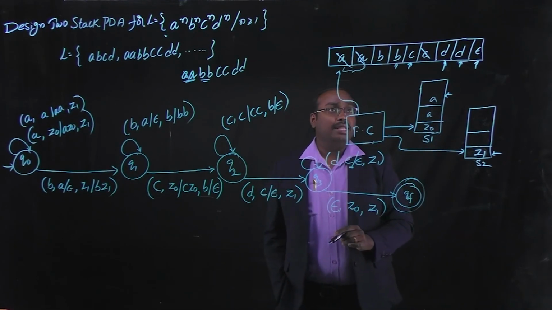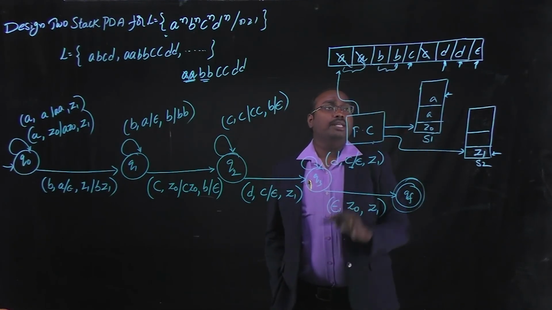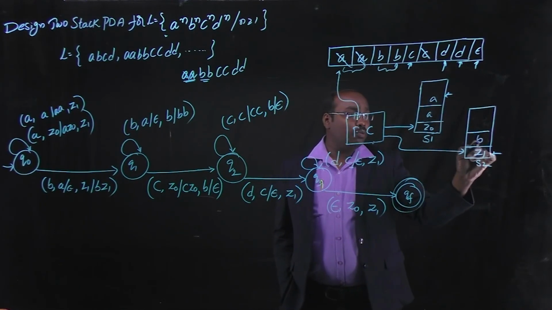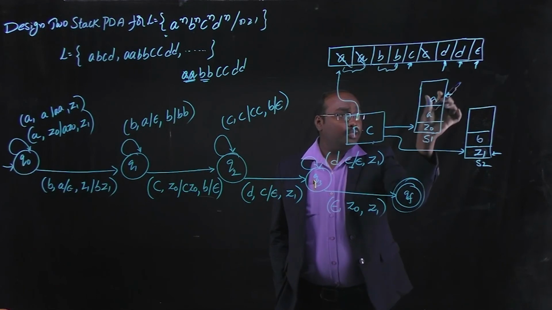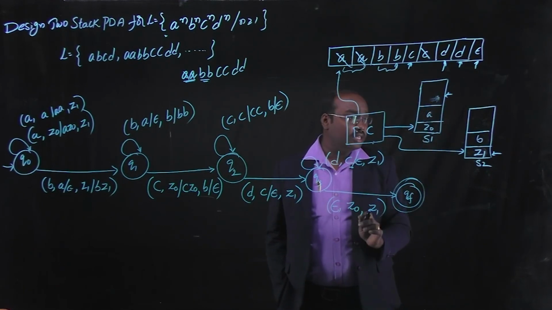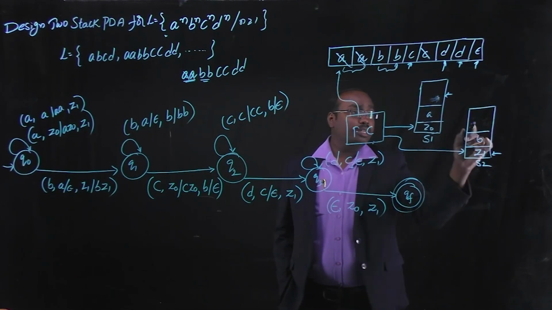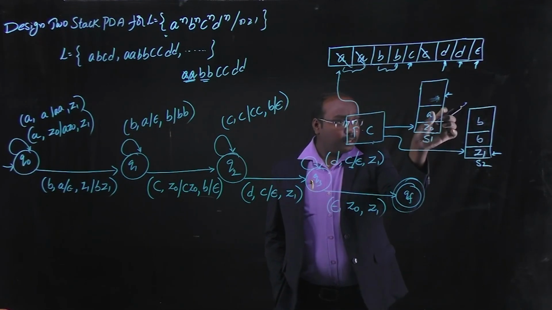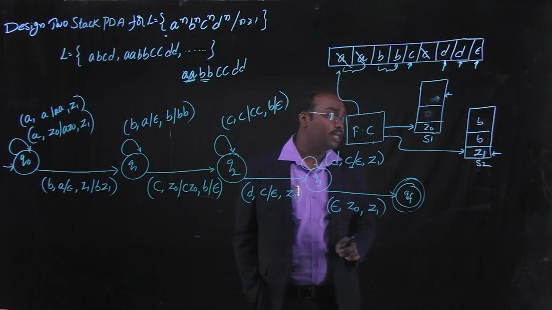Next we read the b's, so we push the b's onto stack 2 and pop the corresponding a's from stack 1. Again, one more b is pushed onto stack 2, and this a is removed from stack 1.